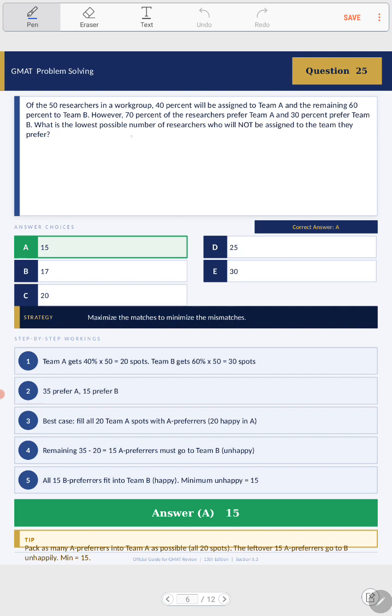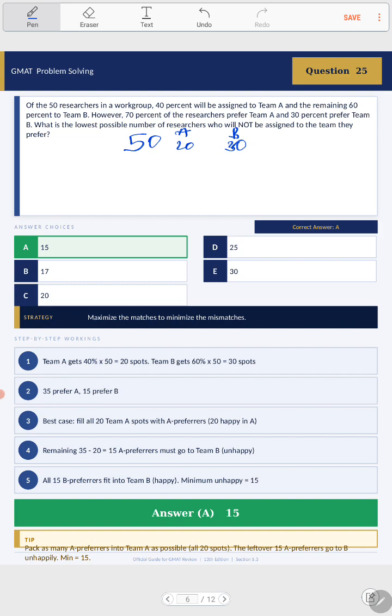Look at it this way. We have 50 in all. Now 40% of 50 is 20. 60% of 50 is 30. 20 plus 30 again is 50.